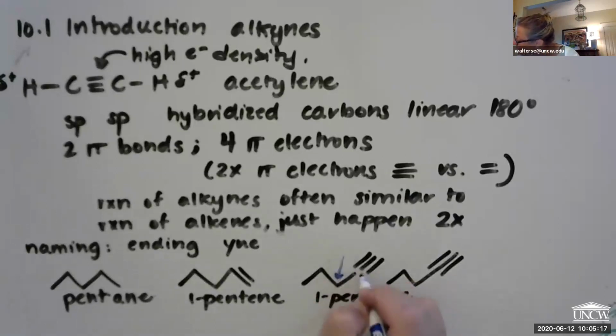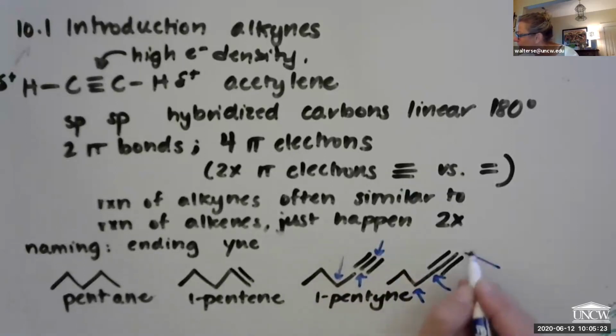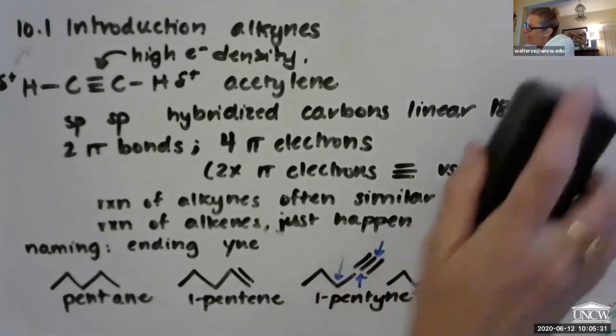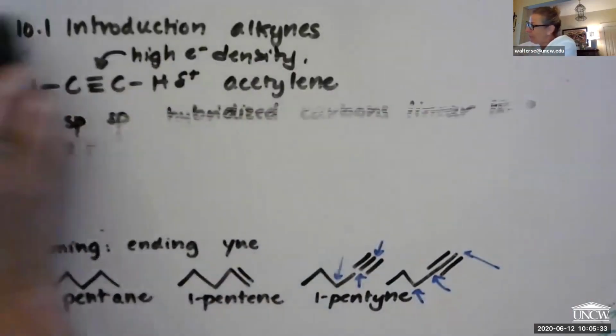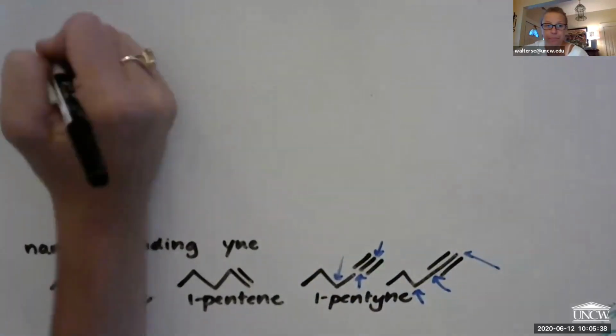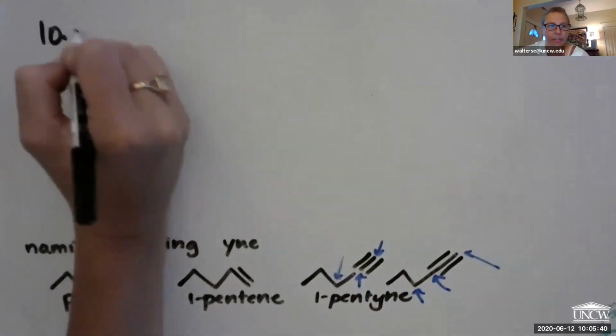One here, a carbon here, a carbon here. It's still the same here. 1, 2, 3. The rules for naming alkynes are simply an extension of the rules for alkenes.